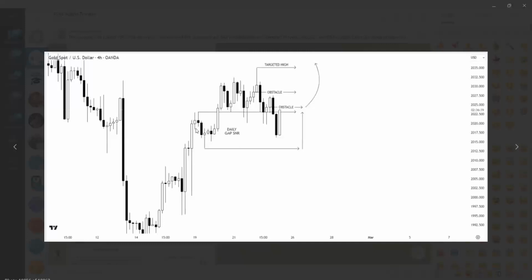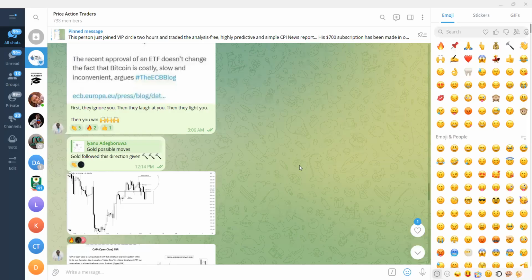After this impulse range, then expansion, then price came into the box of that range. The daily gap SNR forms the range. Then we have price moving out of the box till the close of Friday last week, and price moves downward.